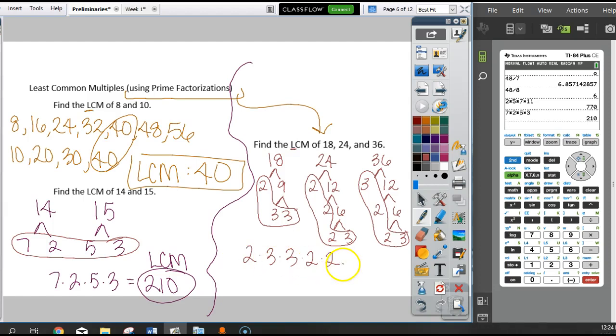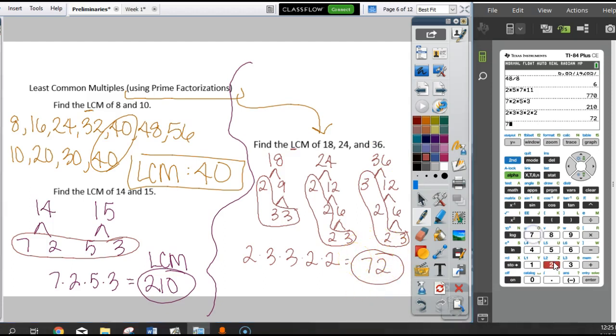And so the least common multiple is going to be the product of 2 times 3 times 3 times 2 times 2, which we could type into our calculator. And we end up getting 72. That is the number that all 3 of these numbers go into, and that is the smallest common multiple.